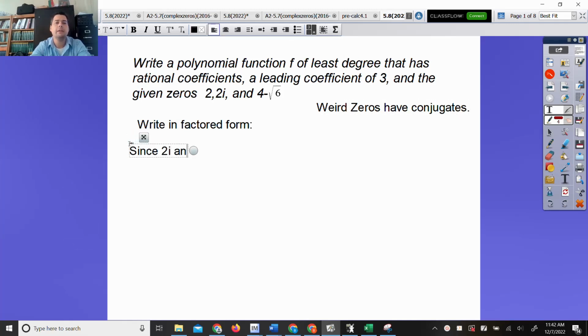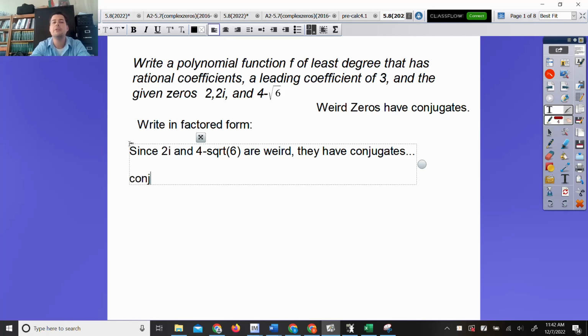So since 2i and 4 minus the square root of 6 are weird, they have conjugates. What are they? What's the conjugate of 2i? Conjugate of 2i is negative 2i. You did that in IXL. I don't know if you remember that or not.